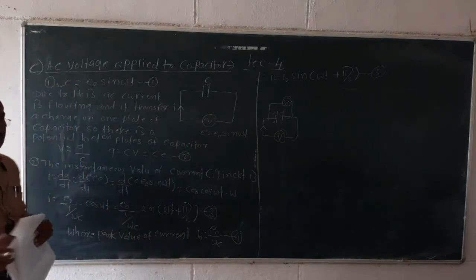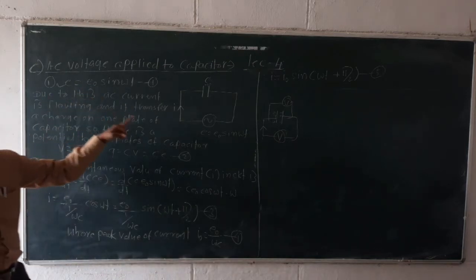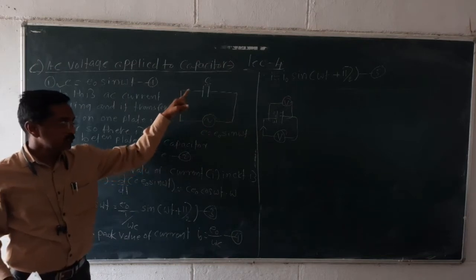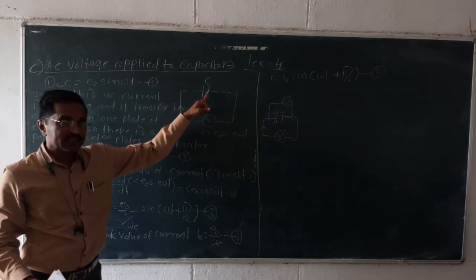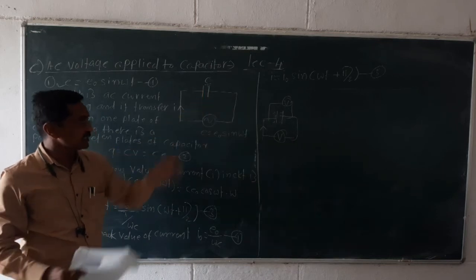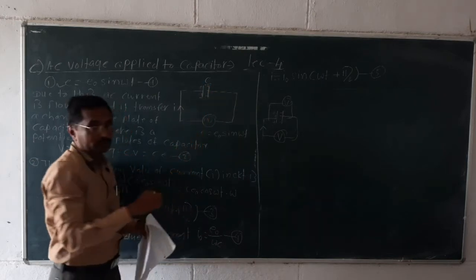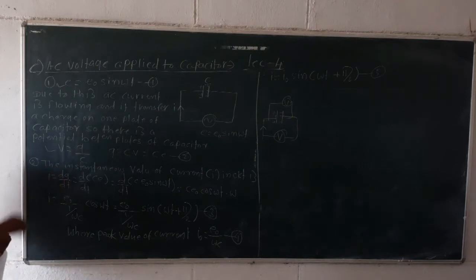Suppose this AC voltage E is equal to E0 sin omega t is applied to the capacitor, called equation number 1. Due to this AC voltage, the AC current is flowing. The current is nothing but the rate of flow of charge. So that charge is deposited on one plate of the capacitor, and we just saw the same amount of opposite charge, if here it is positive, then the same amount of negative charge will develop here. So the potential difference is developed between the plates of the capacitor, and that potential between the plates is calculated by using charge upon capacity of that capacitor.